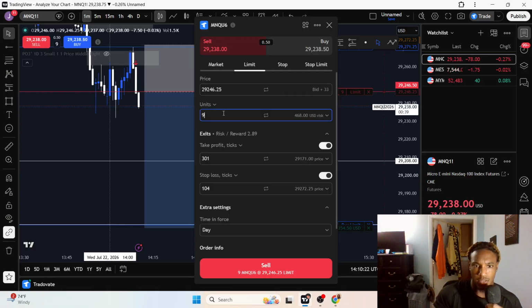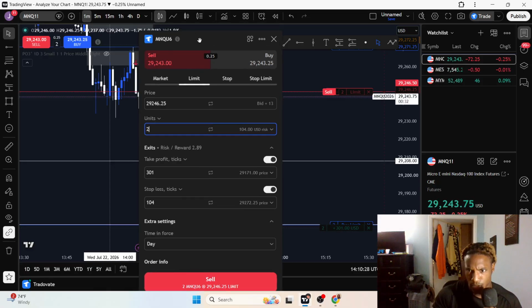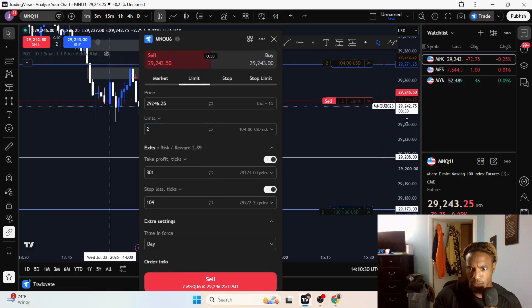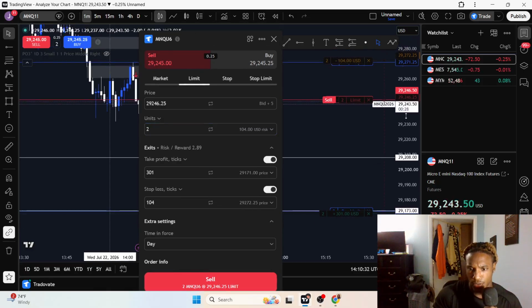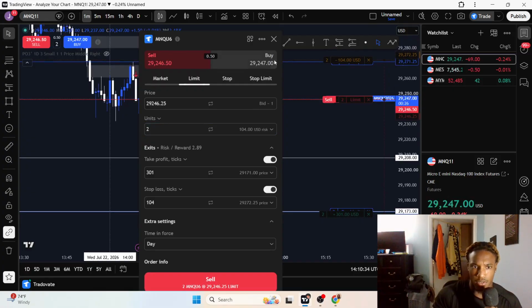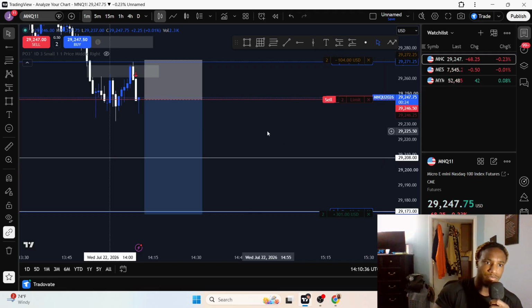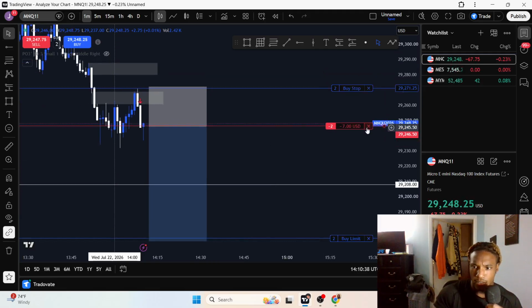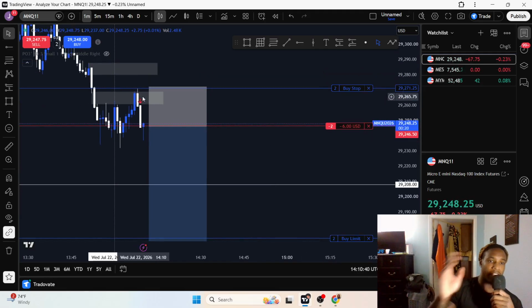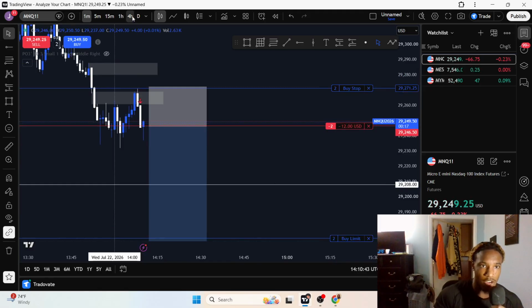Hold on, guys. How much was two? Two was 301. How much am I risking? 104. Okay. All right. So yeah, I'm anticipating that this is going to be the high of the new 4 hour candle.